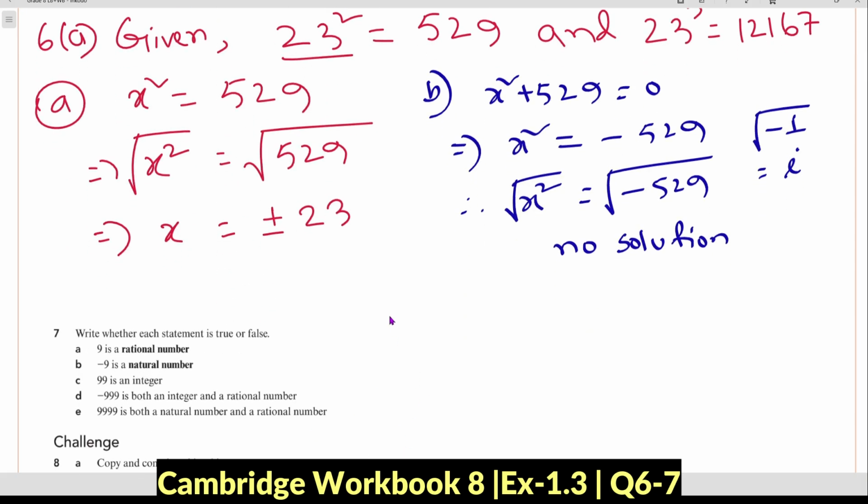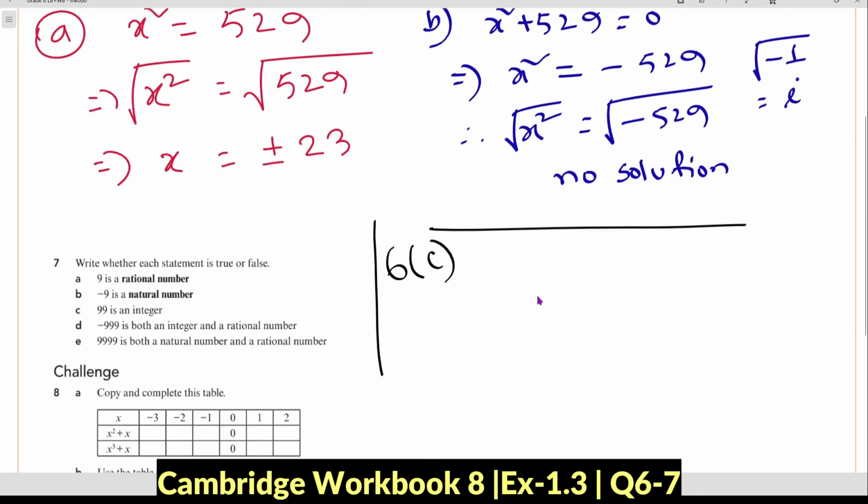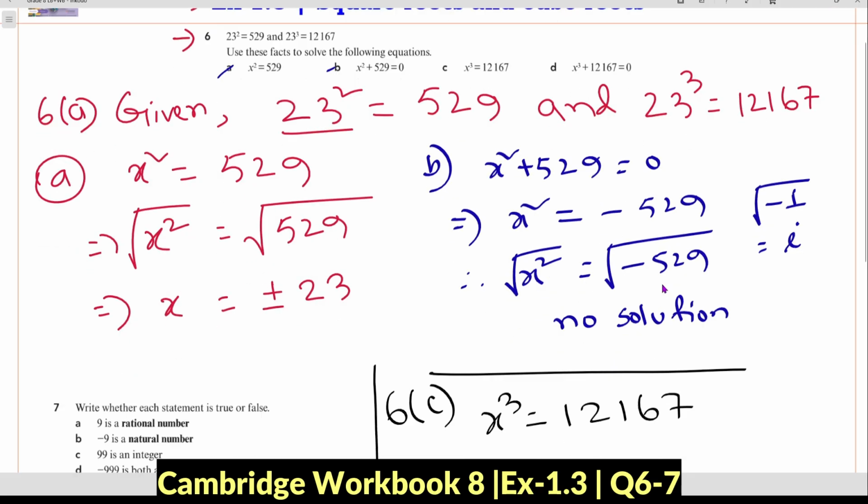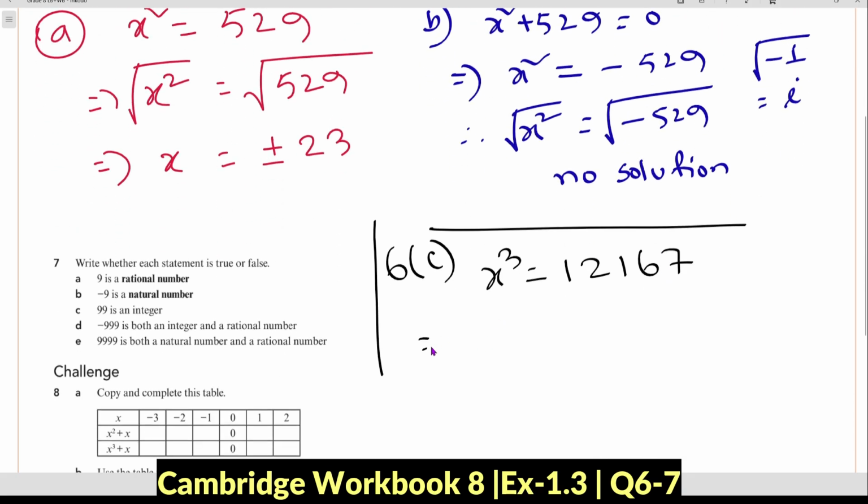Number C, 6C. Here is x cube equals 12167, right? So we have to find out the value of x, so we can take the cube root, and here also the same thing, cube root of 12167.